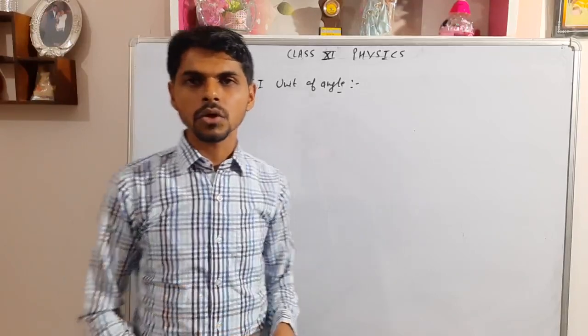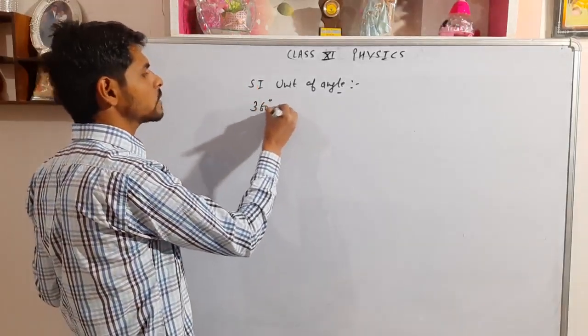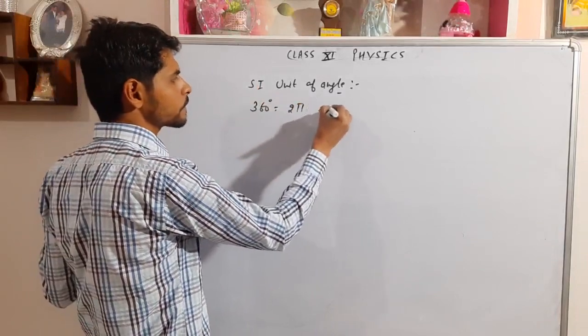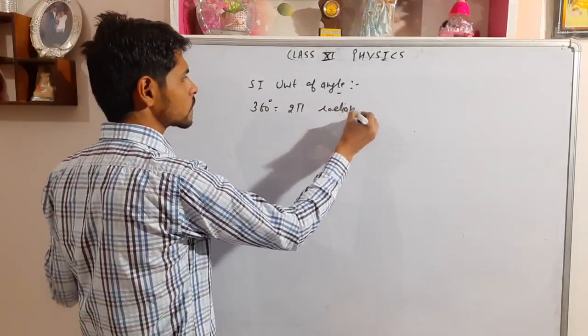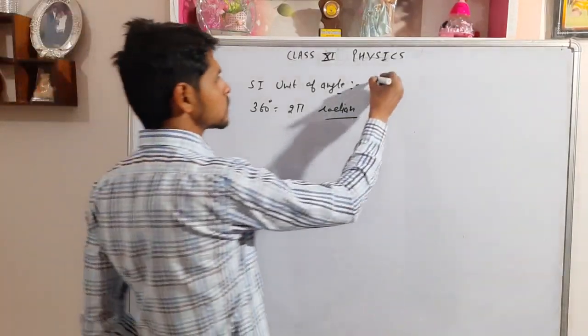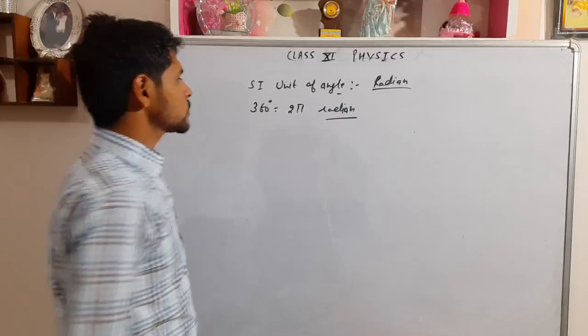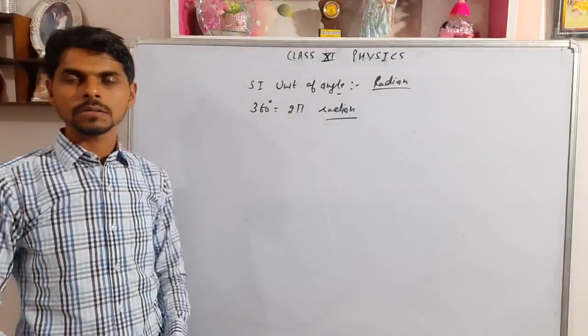So here is the topic. You all know that 360 degree is equal to 2 pi radians.